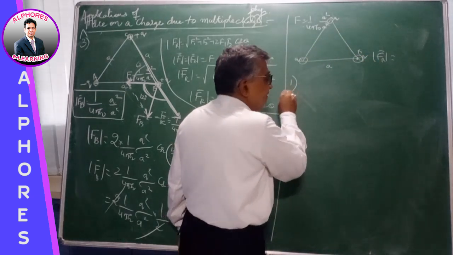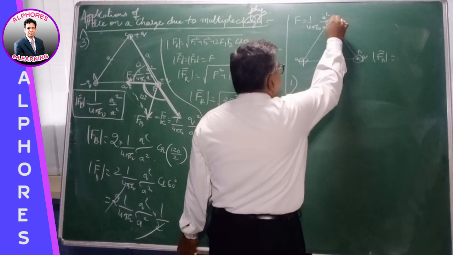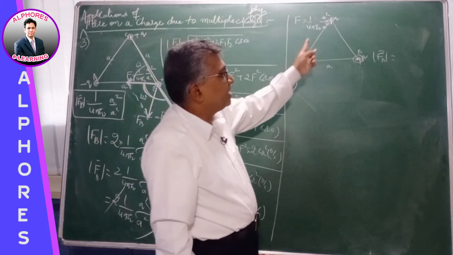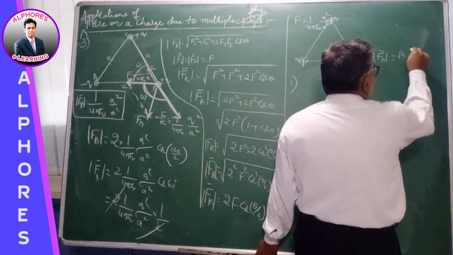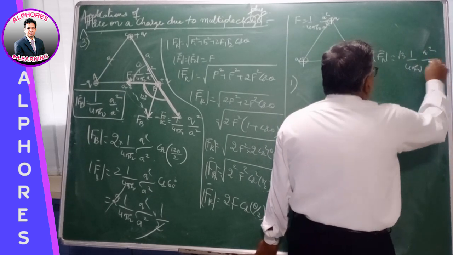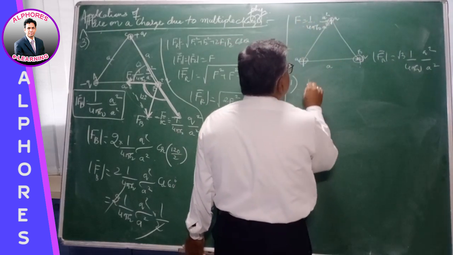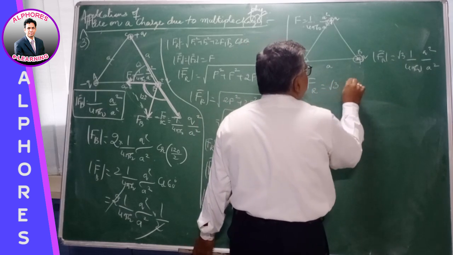Case 1, if all are like charges, plus and plus. We have proved just now that if all three like charges exist, then the resultant force is root 3 times 1 by 4 pi epsilon naught Q square by A square. So 1 by 4 pi epsilon naught Q square by A square is F. So the resultant force in the first case is root 3 F.